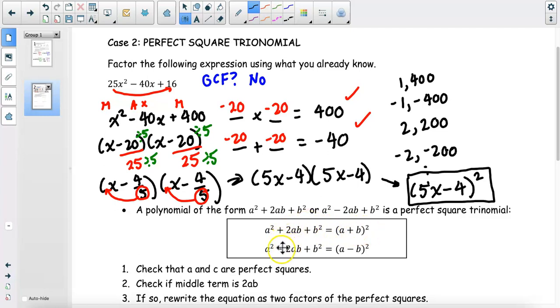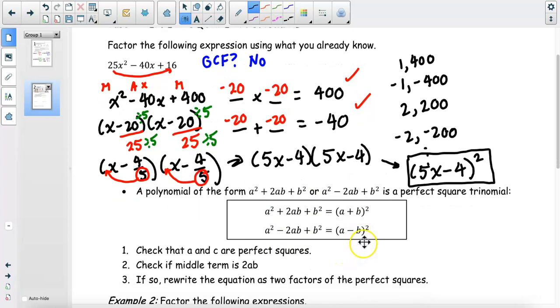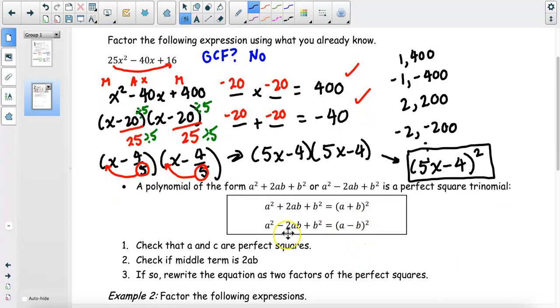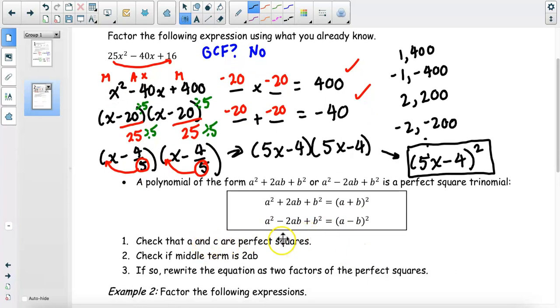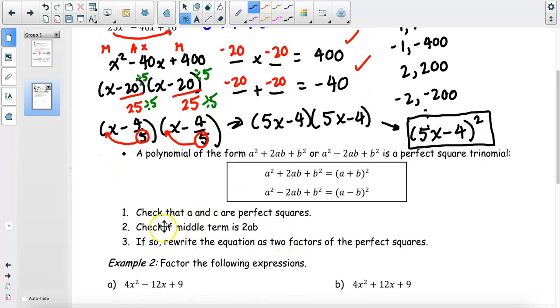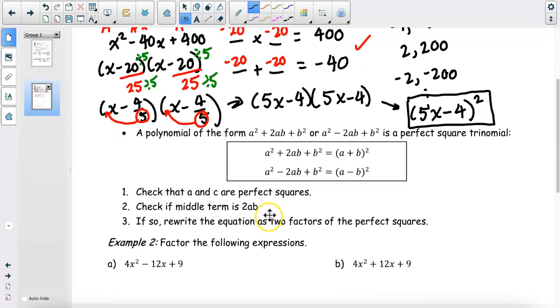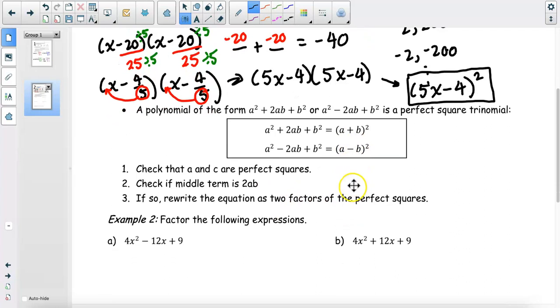If the middle term is a negative and it follows the same format, we can simply write a minus b squared. So the first thing to do is check to see that a and c are perfect squares. We're then going to check if the middle term is 2ab, and if it meets these conditions, we can rewrite the equation as two factors of the perfect squares. Okay, so let's take a look at our examples here.